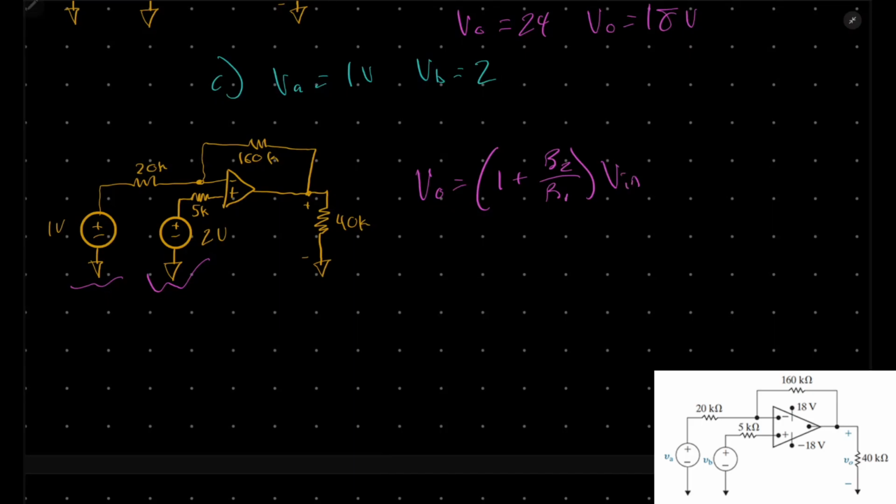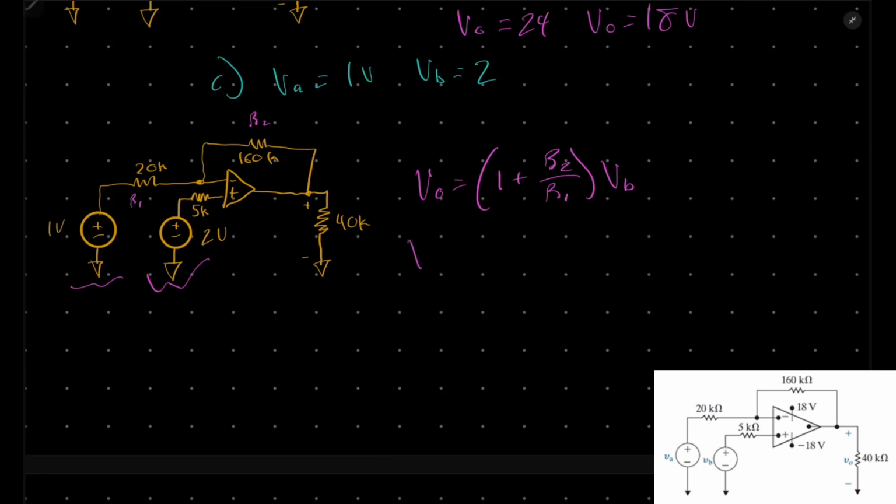So if we get our calculator out, 1 plus, and again, this is our R2, and this is our R1. And this right here is going to be our VB.